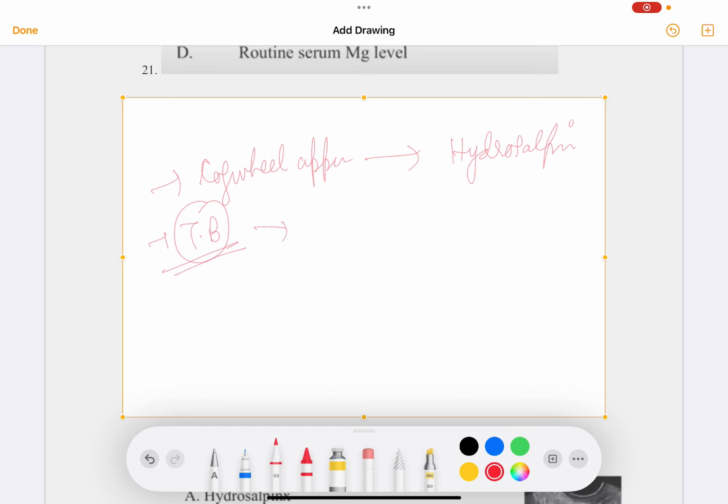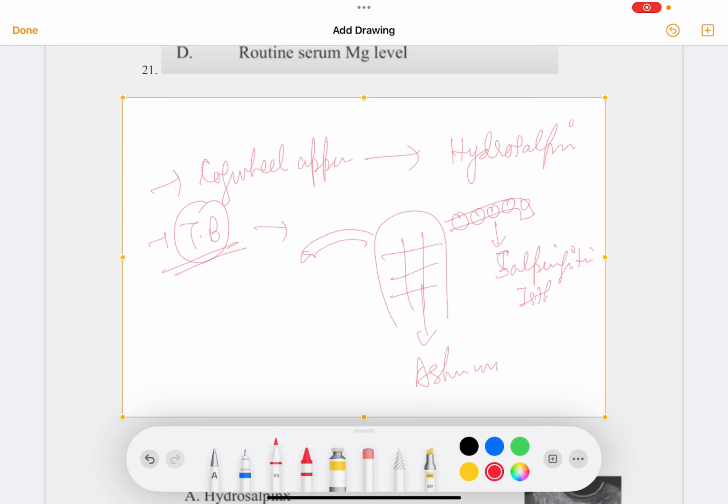In the uterus, you have Asherman syndrome, where there is honeycomb appearance. In the tubes, you can have beaded appearance of the tube, which is called salpingitis isthmica nodosa. Very important, salpingitis isthmica nodosa.